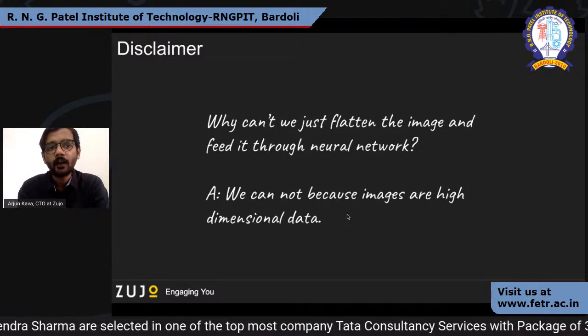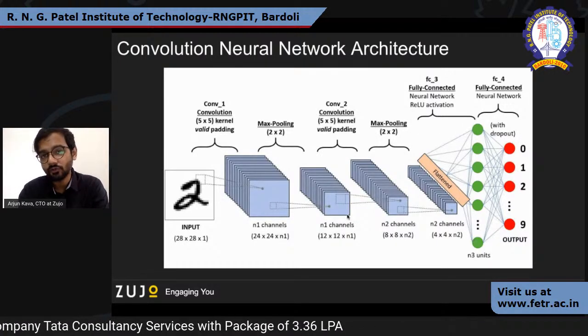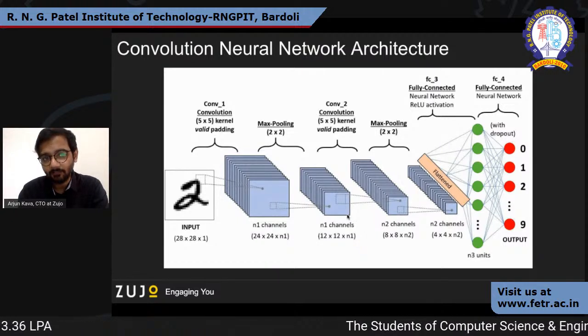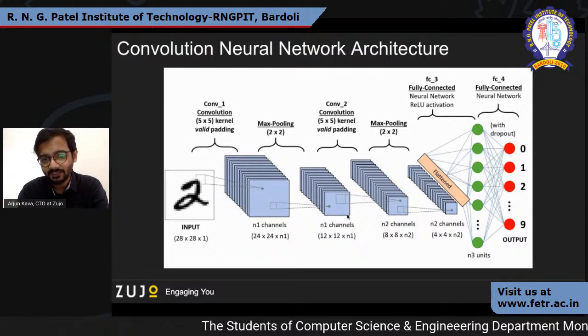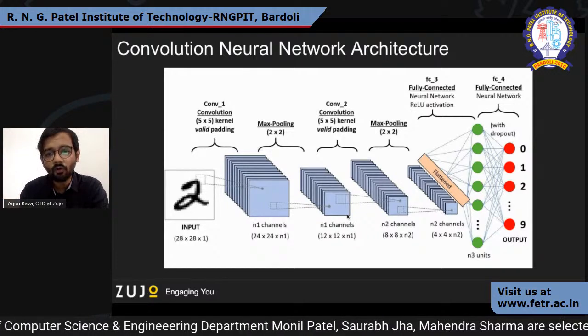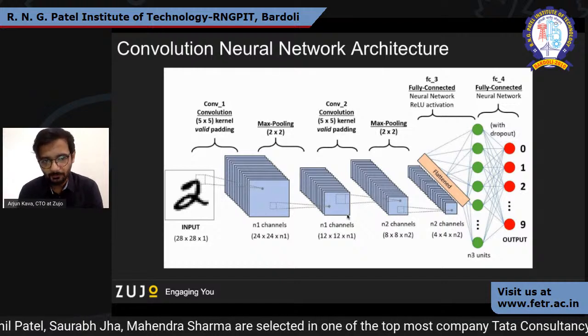So let's understand the basic architecture of convolution neural network first, right? As you can see in this diagram, there are multiple stacks of some kind of blocks. I'll explain each and everything throughout this lecture.